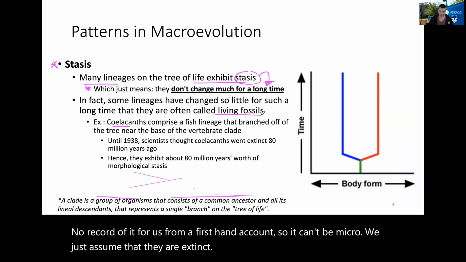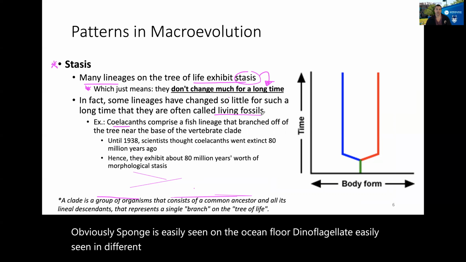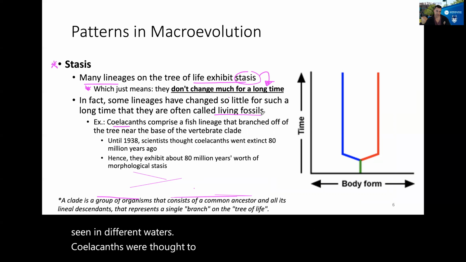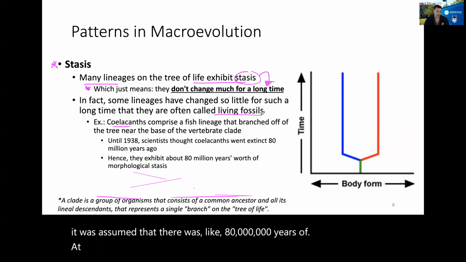Obviously, sponges easily seen on the ocean floor, dinoflagellates easily seen in different waters. Coelacanths were thought to be extinct and then discovered in 1938, and it was assumed that there was like 80 million years of some kind of extinction for these creatures. So, you know, pretty interesting.